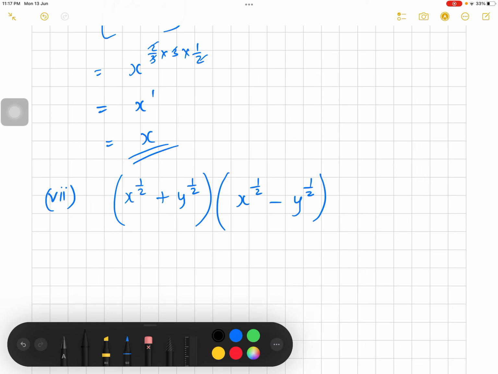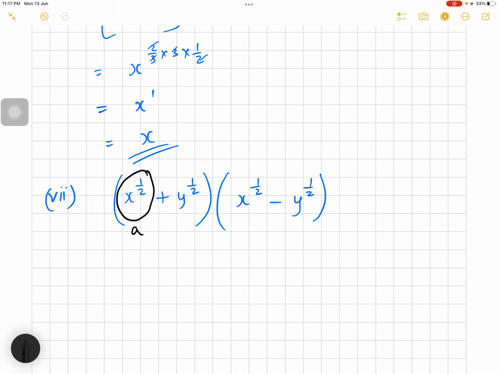Yeah. See, if this is my a and this is my b, so this is a plus b, a minus b, right? So a square minus b square is a plus b, a minus b, right?